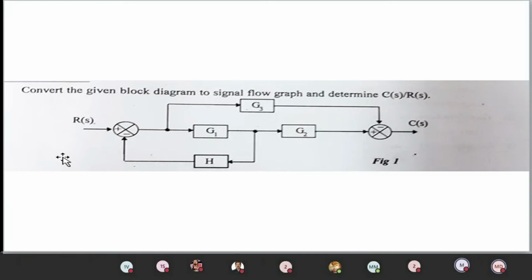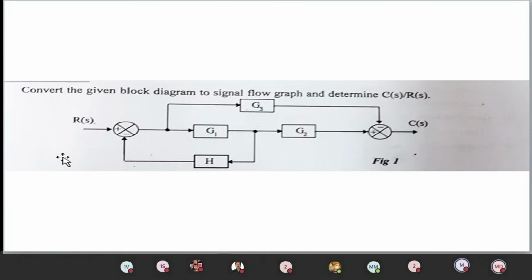Mostly students will have confusion while moving a summing point or moving a takeoff point or eliminating a feedback path. In such cases, the best way is to convert the block diagram to signal flow graph. From that, you can determine the transfer function.